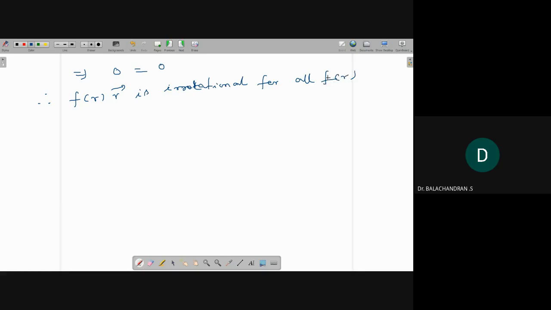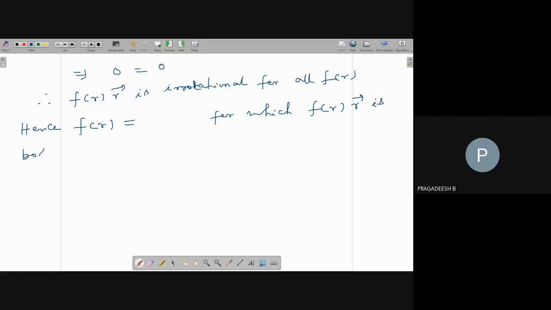Okay, still the problem is not finished. But here I need to write, hence f of r equal to, you should tell what is f of r for which f of r into r vector is both solenoidal and irrotational.